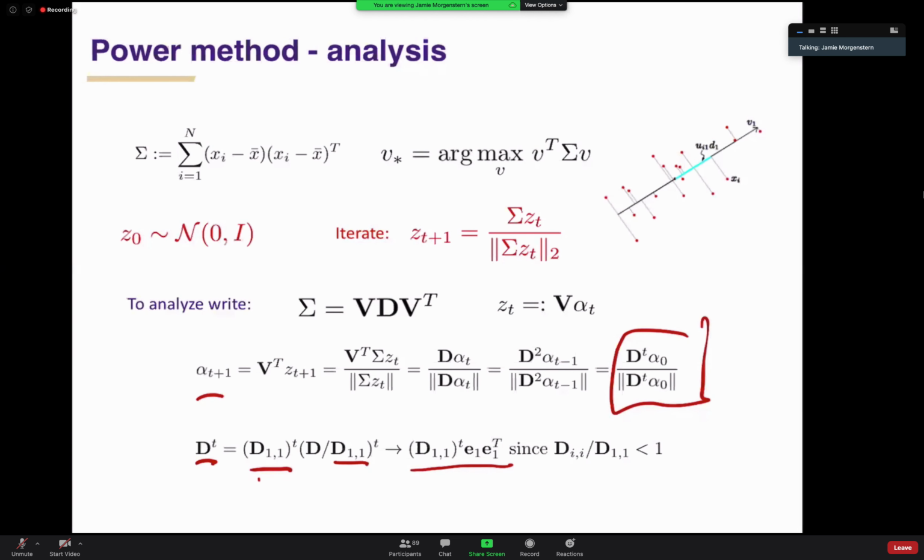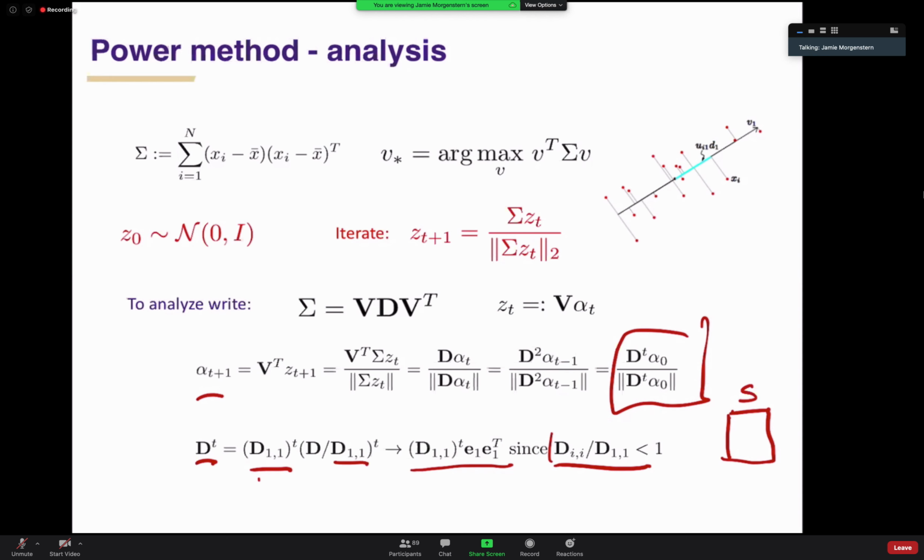The reason that happens is that, remember, S contained the eigenvalues for my matrix. And I don't know that I mentioned this, but they're actually in order.